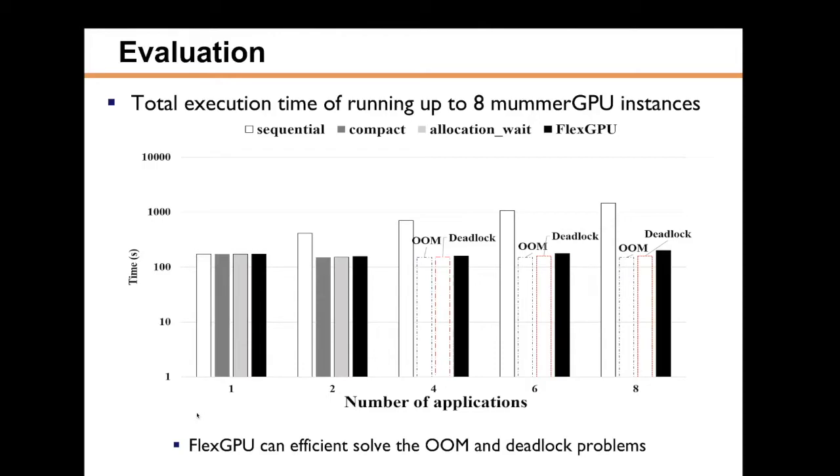When compared to the sequentially running scenario, our proposed FlexGPU achieved a 7 times increase in speed of MemoryGPU. And by using FlexGPU, the system can handle at least 8 instances of MemoryGPU running concurrently and safely.